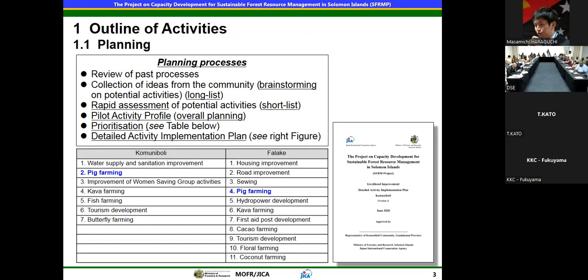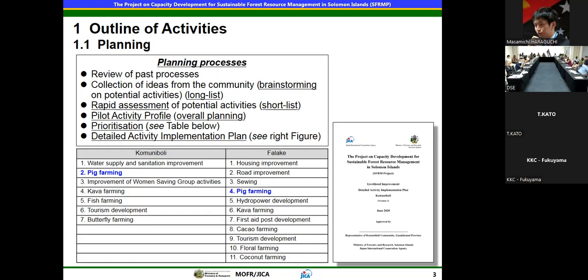Then there is the rapid assessment of the potential activities, and then the pilot activity profile. This is profiling of all the activities that the community would like to be implemented. And then the detailed activity implementation plan.